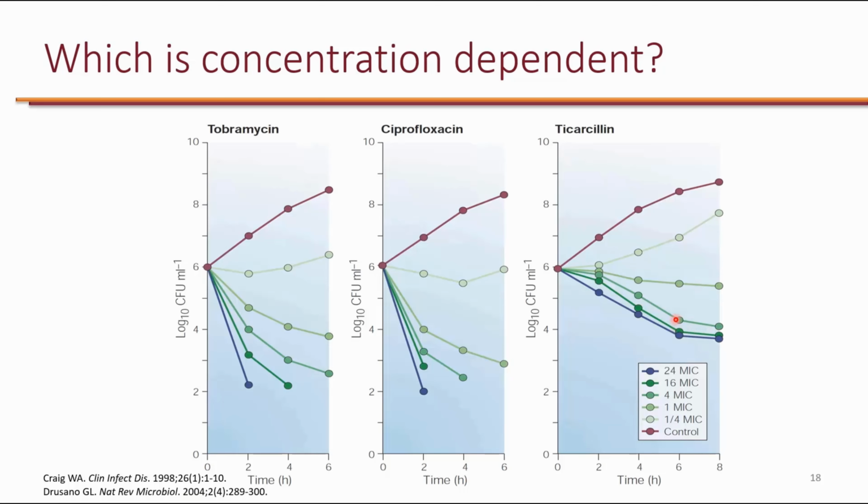For example, once we reach a concentration 4 times the MIC, we got the maximum amount of killing. 16 times the MIC added negligible amounts. In fact, a concentration 24 times the MIC made no difference compared to 16 times MIC.